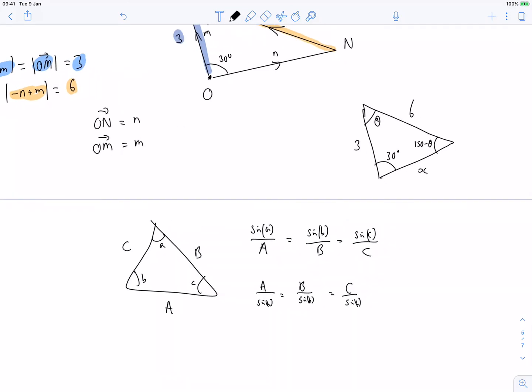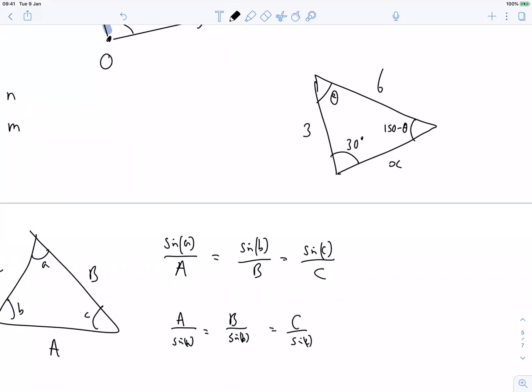Okay, so let's deal with this. Do we have an angle and an opposite side? Yes, so we know that sine of 30 degrees over 6 is the same as... Now, do we have another pair of angle and opposite side? Well, we've got this 150 minus theta and 3. So we're going to have sine of 150 minus theta all over 3.